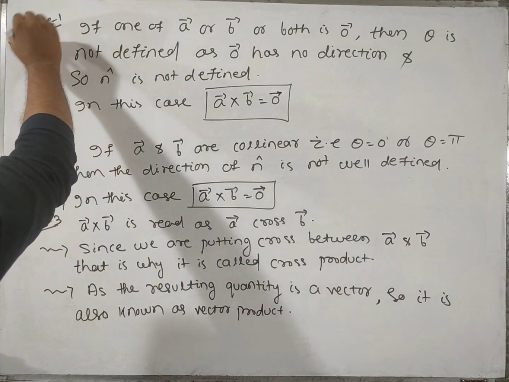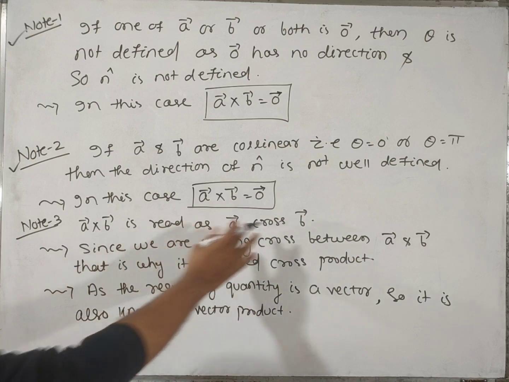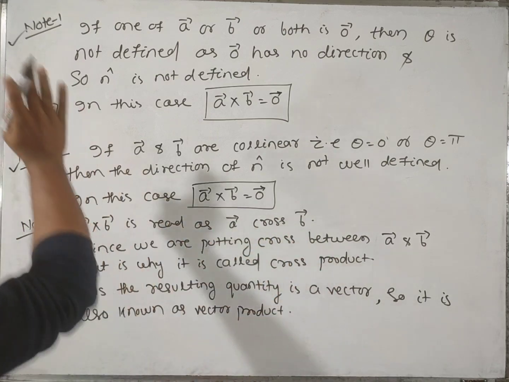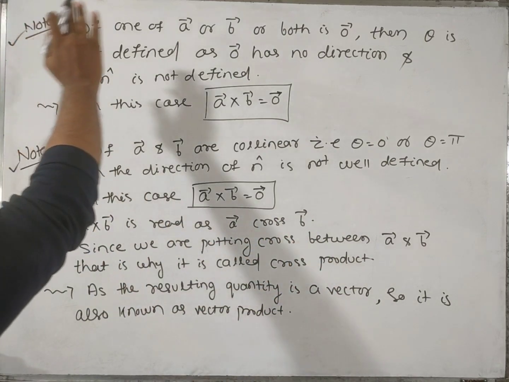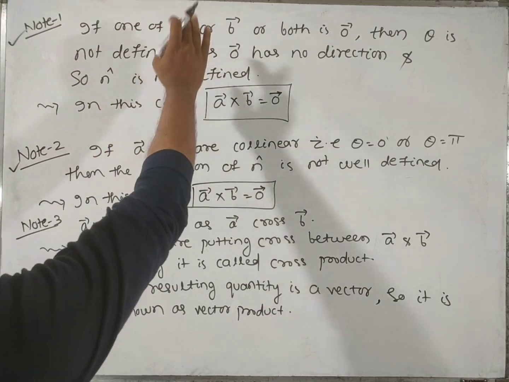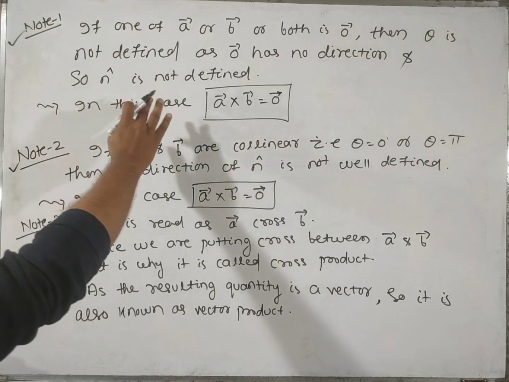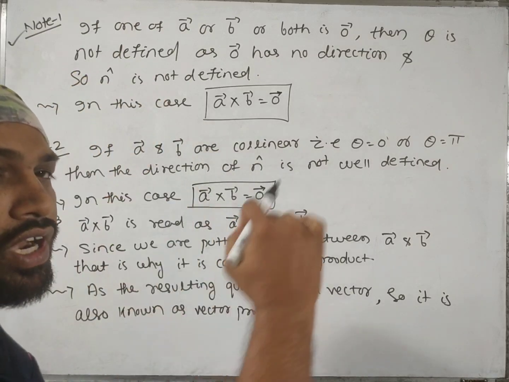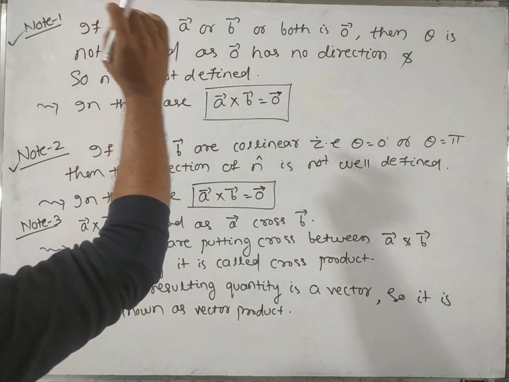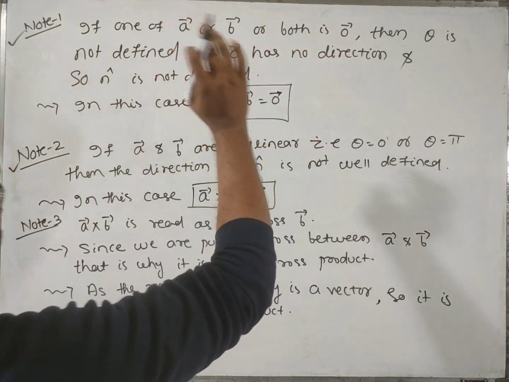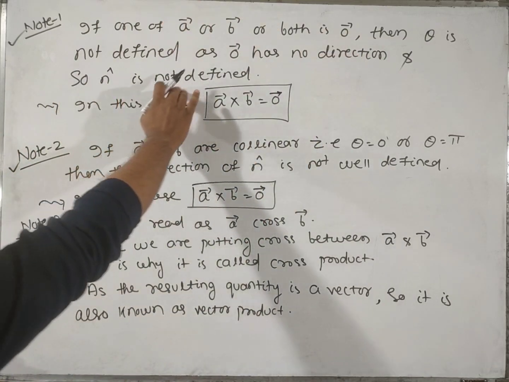The first two notes are very important; note 3 is only for the notation symbol. In note number 1, it is said that if one of A vector or B vector, or both, are zero vectors, then theta is not defined here. That means the angle between A vector and B vector is not defined, because a zero vector has no direction, and so n cap is not defined.